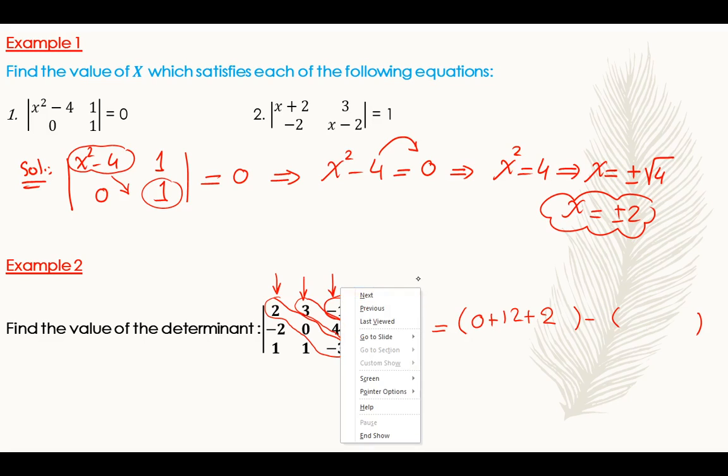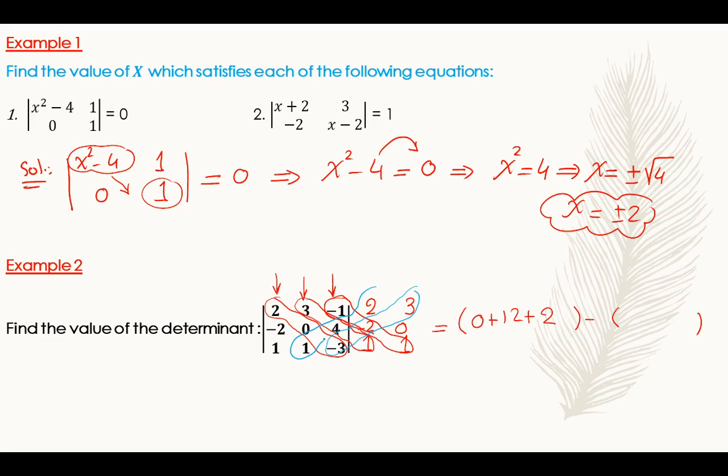So we are going to start with this one. 3 times negative 2 times negative 3, and 2 times 4 times 1, and the last one is negative 1, 0 and 1. Let's multiply. 3 times negative 2 equals negative 6.